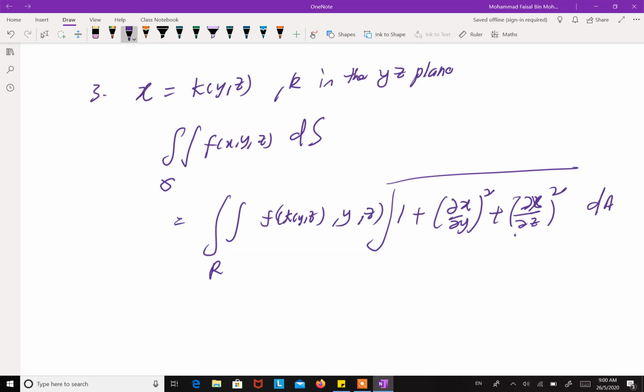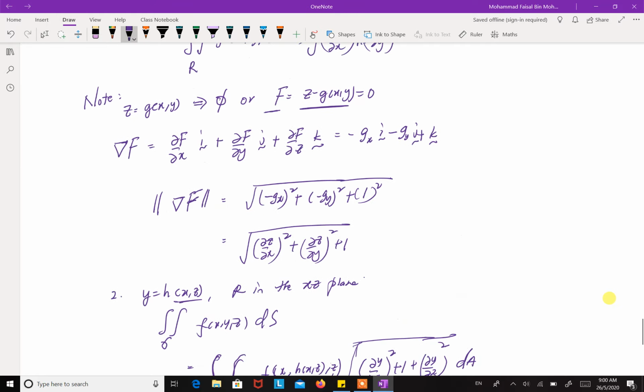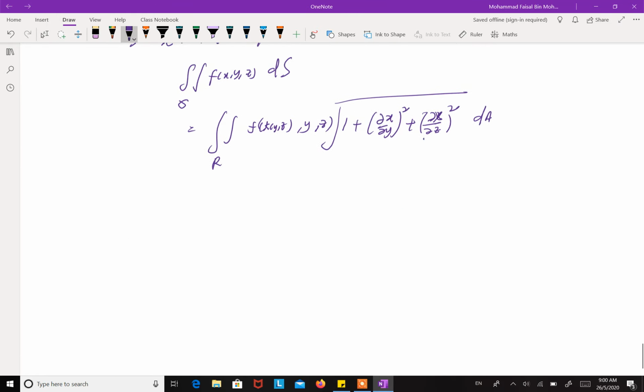We see some examples so that you can understand the formula.